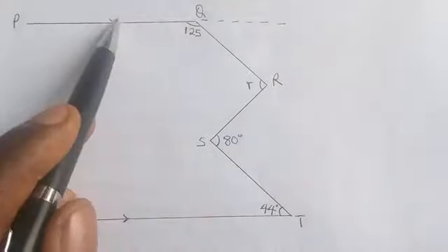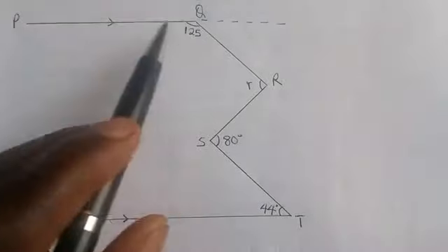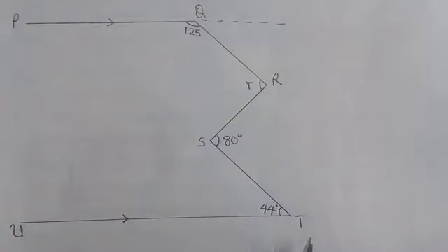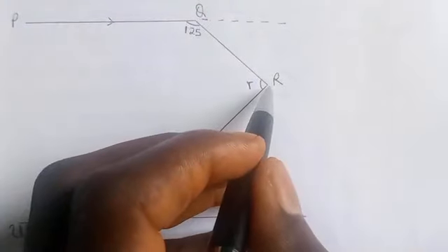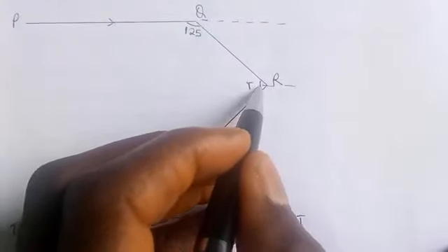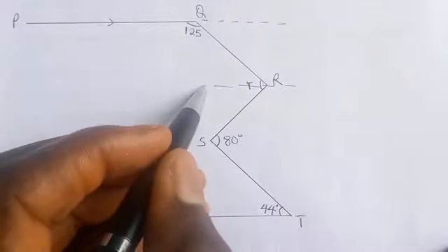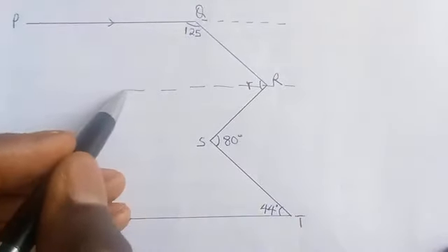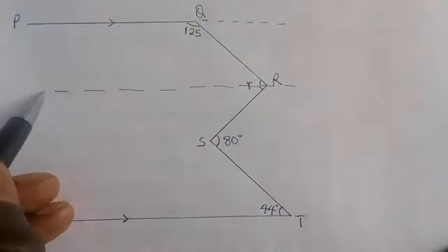That's to say that PQ is parallel to UT. So the next thing we need to do is to divide this R into 2 in such a way that the line is parallel to PQ.